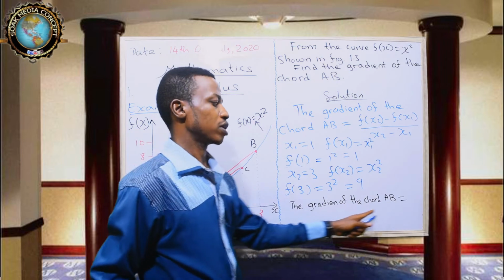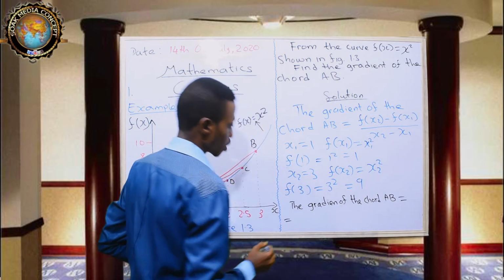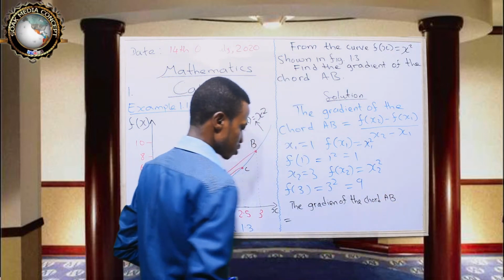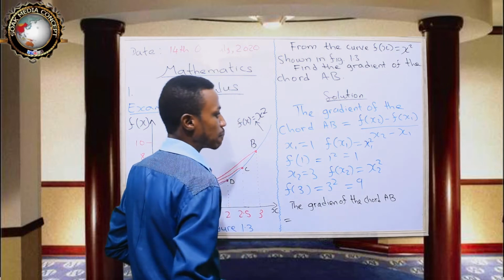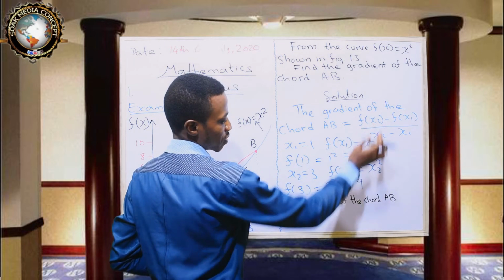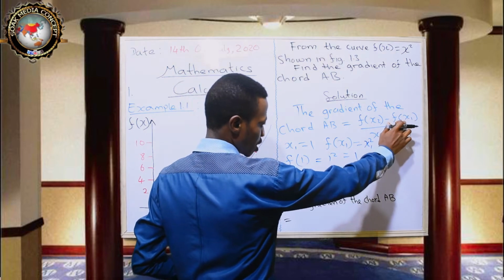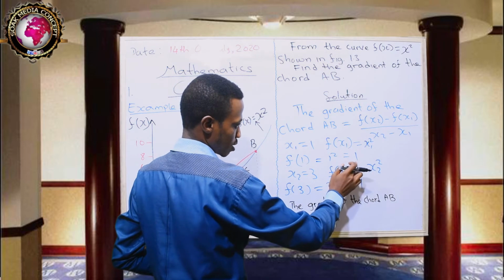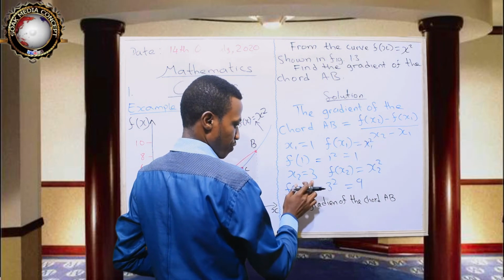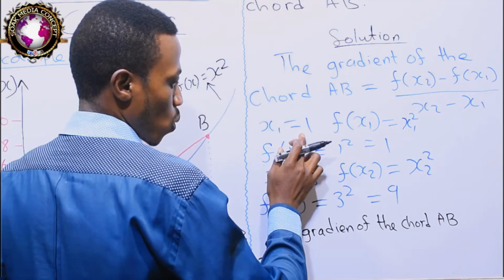Now the gradient of the chord AB is going to be equal to, the space is too small, let's write it here. So f of x2 has already been found, which is 9, same as f of x1, which is 1, same as x2, which is 3, and same as x1, which is 1.